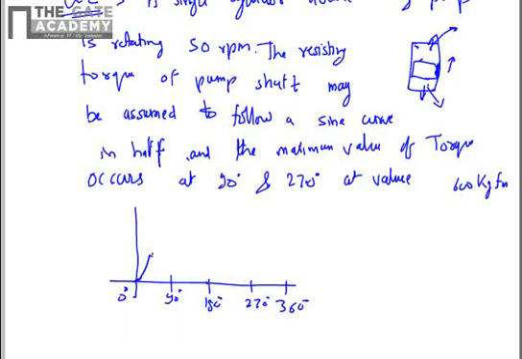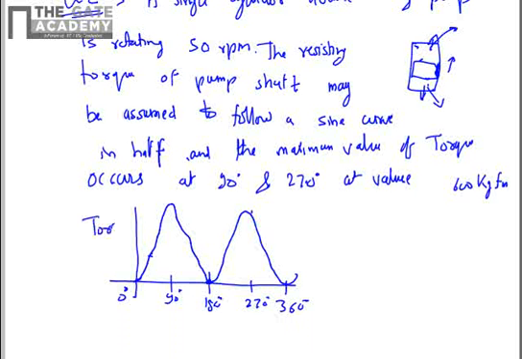For the peak to occur at 90 degree in a sine wave, the value should be 0 at 0 degree, because sine 90 is equal to 1 and sine 0 is equal to 0. So the sine wave should look like this. And then at 180 again it should be 0. And again at 270 the peak occurs. So the sine wave should be like this, and like that it should repeat itself. At 270 and 90 degree we are having the peak.